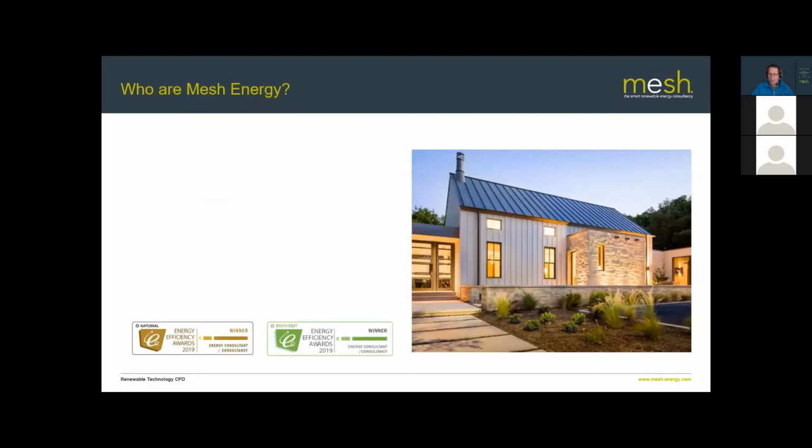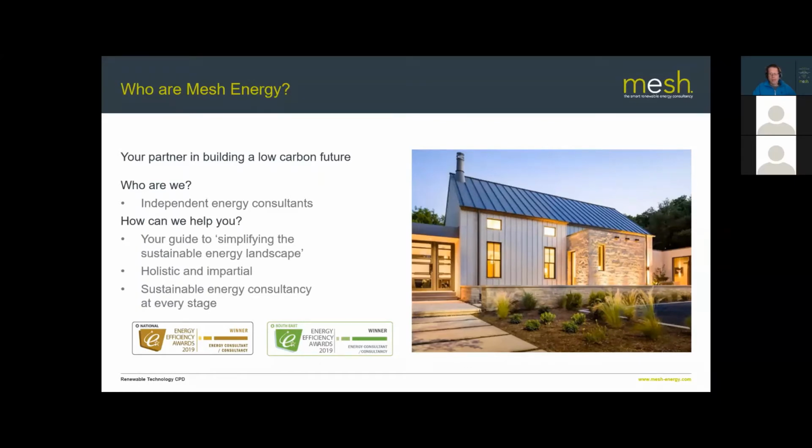So there's quite a few slides to get through, so I'm not going to spend a huge amount of time on the bit about who we are. Most of you will be familiar with us, but we are a low energy building consultancy. So we look to partner with people to design low energy, low carbon buildings. Basically the way we do that is we look to cut away a lot of the noise around renewable energies.